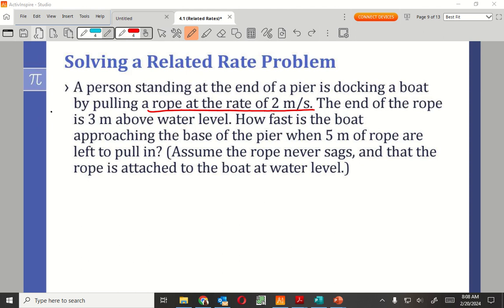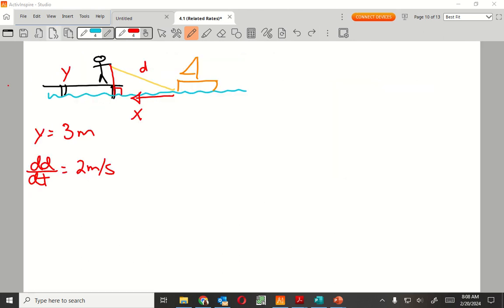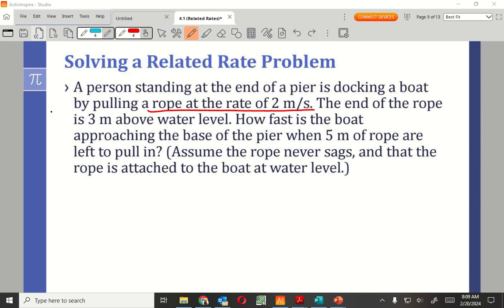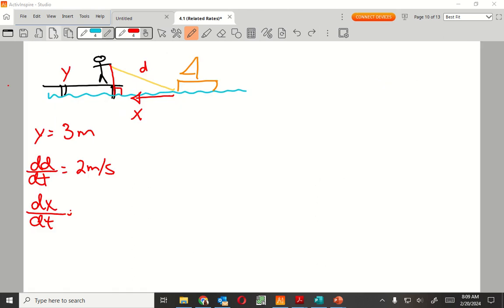So I'm looking for dx/dt. That is what I'm looking for. And it says when 5 meters of rope are left. Okay, 5 meters of rope, so that means that D is going to be 5.